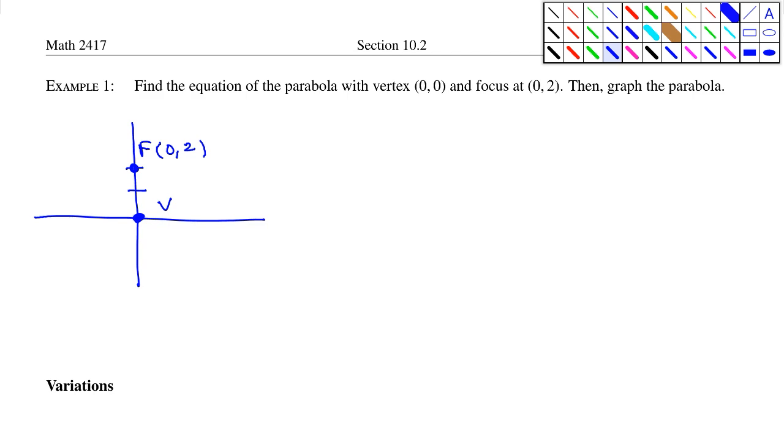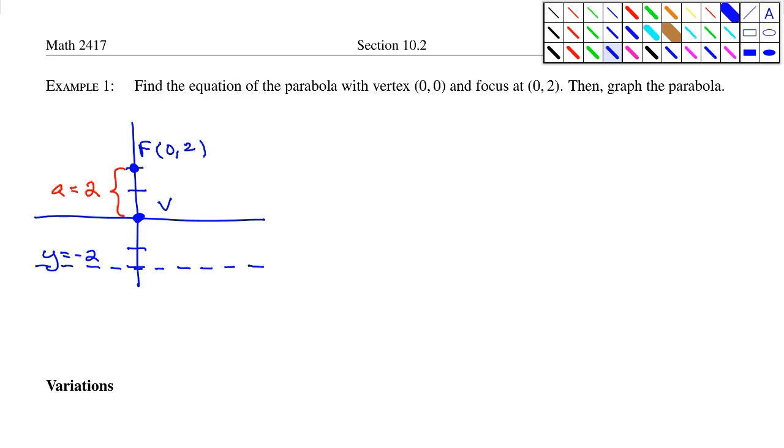That means we have a directrix at y equals negative 2, because the focus and the directrix are the same distance from the vertex. And so what is the distance between the vertex and the focus? That is called a, and it's 2 units.